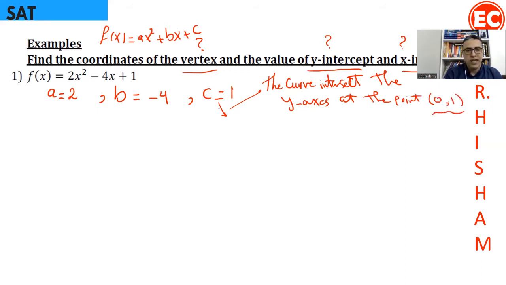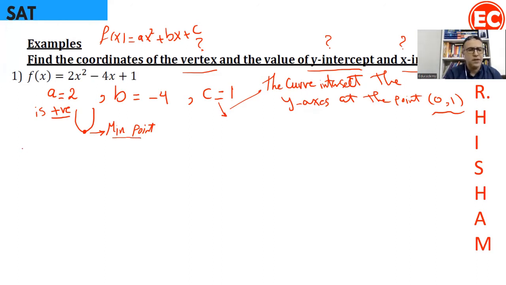So from the value c, I know its intersection point with the y-axis. What about the value of a? a is positive. And since a is positive, the curve is open upward, and the vertex here represents the minimum point. So a is positive, open upward, and has a minimum point.